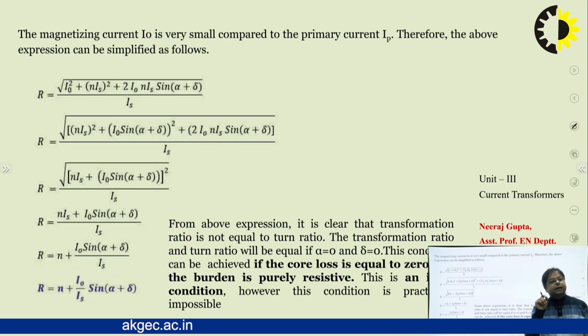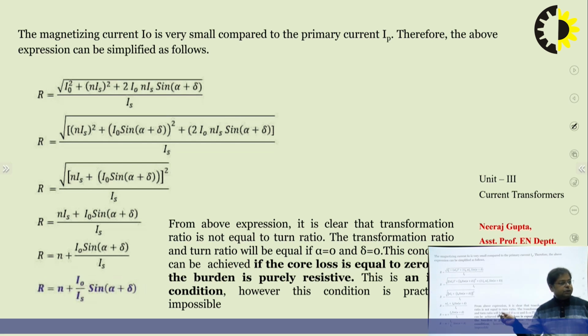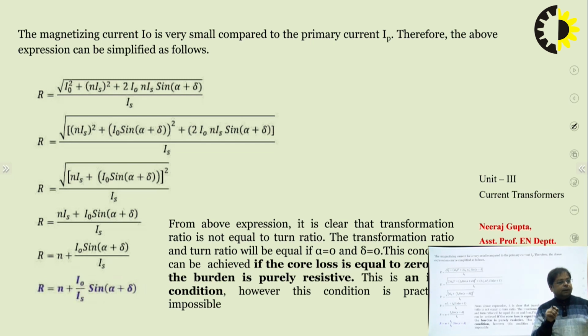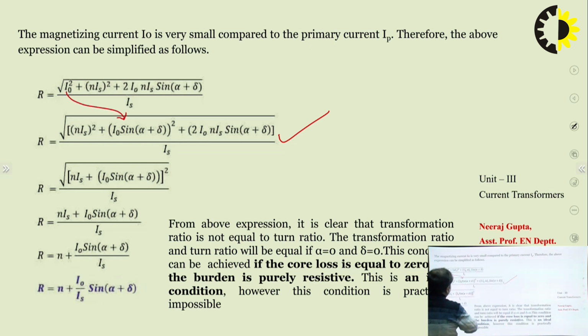Therefore, the last equation can be simplified by replacing I naught with I naught sine alpha plus delta, because it is very small.